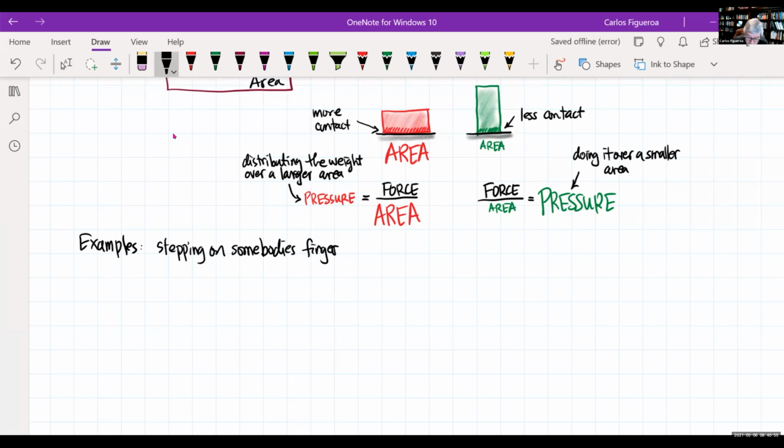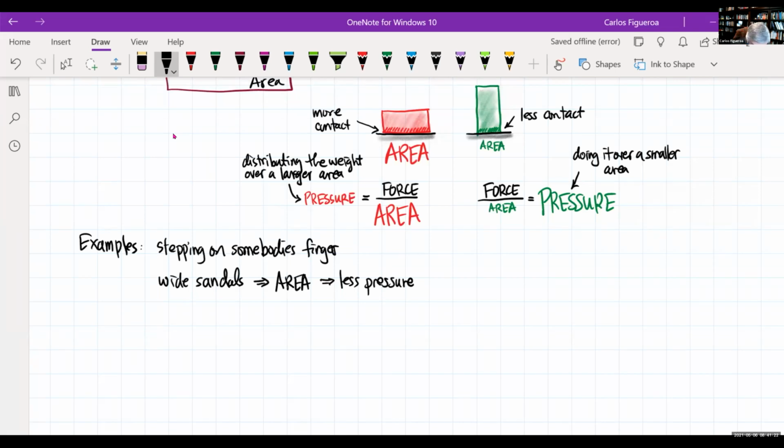Well, let's say you do it with wide sandals. If you do it with wide sandals, this has a large area. Large area implies less pressure, right? Of course, I don't want anybody to step on my fingers.